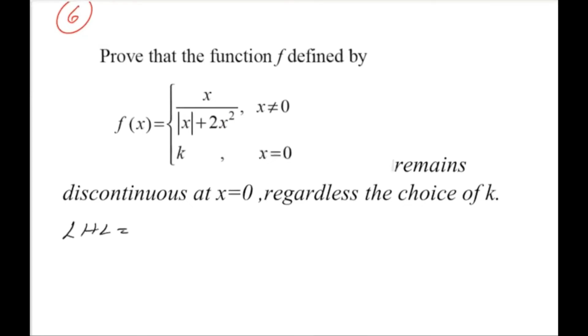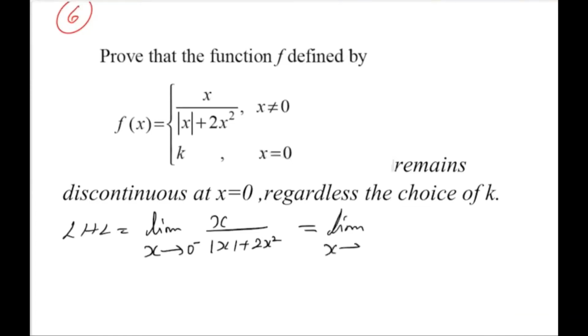Left-hand limit, limit of f of x as x tends to 0 minus. f of x is x upon mod x plus 2x square. Now when you approach 0 from the left of 0, x is negative. When x is negative, mod x is minus x. That should be taken here.